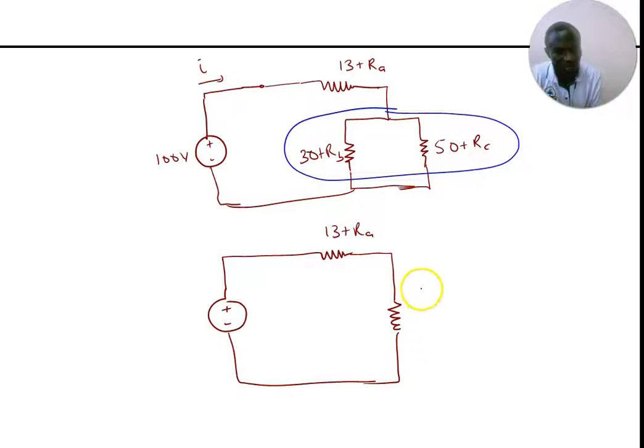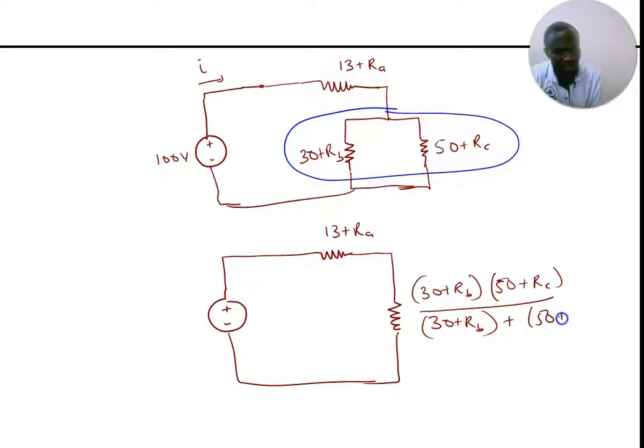It is going to be 30 plus RB multiplied by 50 plus RC, all divided by 30 plus RB plus 50 plus RC, since they are in parallel connection, right?